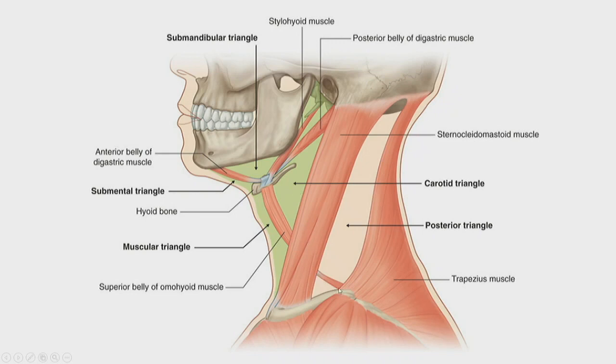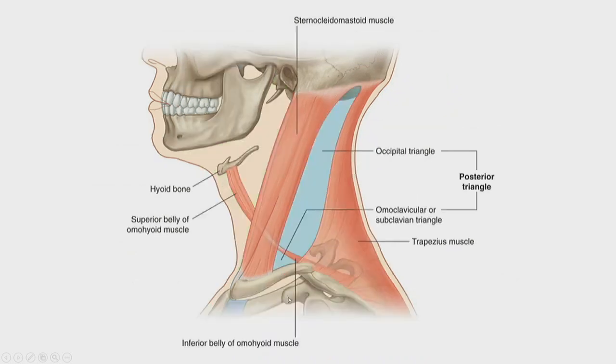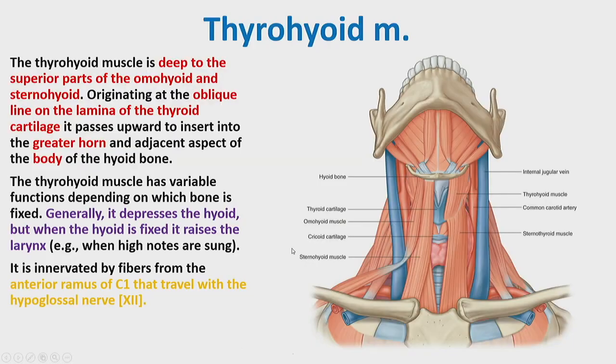The inferior belly divides the posterior triangle of the neck into the trapezius, or here called occipital triangle, and the omoclavicular triangle of the neck region. So this is important, also the division.